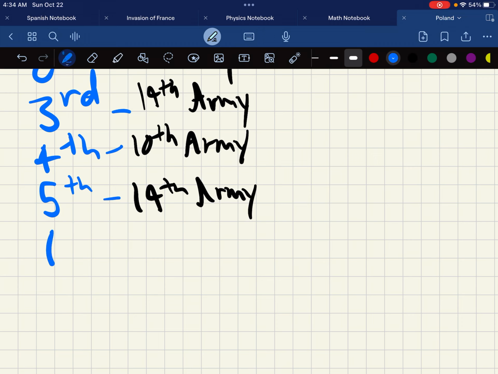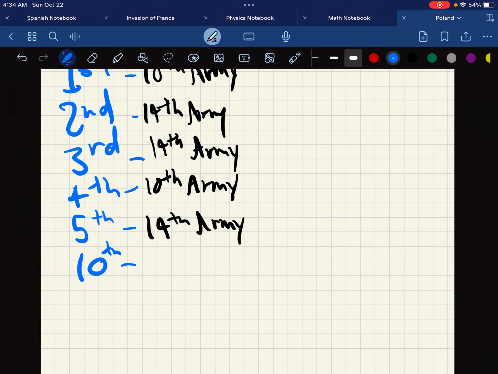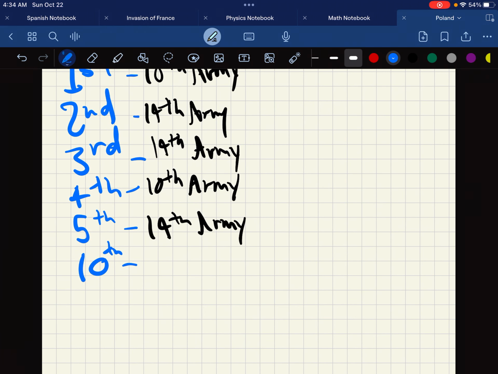And then at this point they also had a 10th Panzer Division, but this was severely weaker than the other 5. This was absolutely the smallest of these. Oh, by the way, this one's 4th Army actually, not 14th.